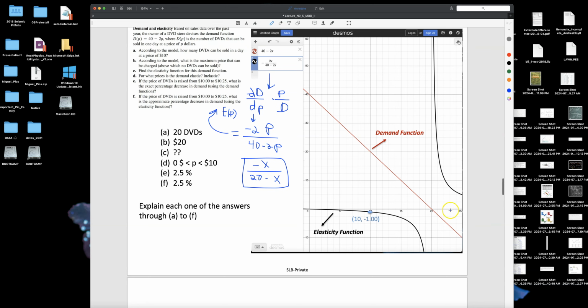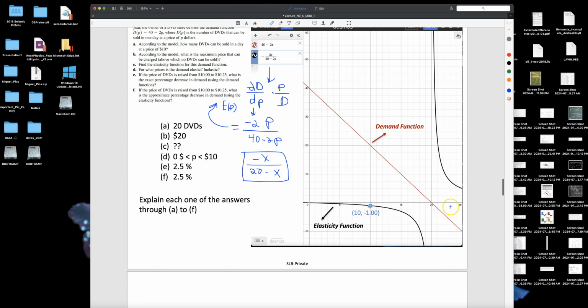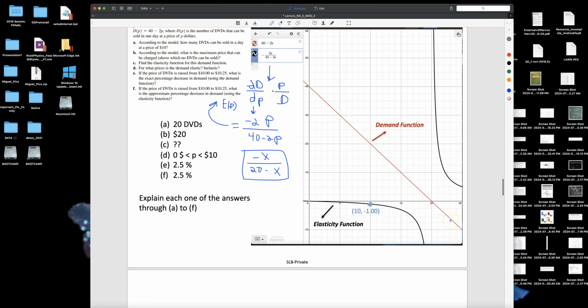But if it's even higher than $20, I'm going to start losing money because the demand is going to be negative. So the meaning of that is that the demand function doesn't make any sense when the price is greater than $20.